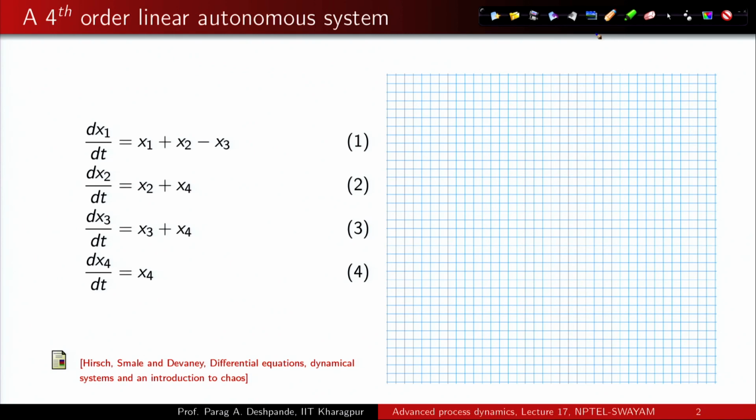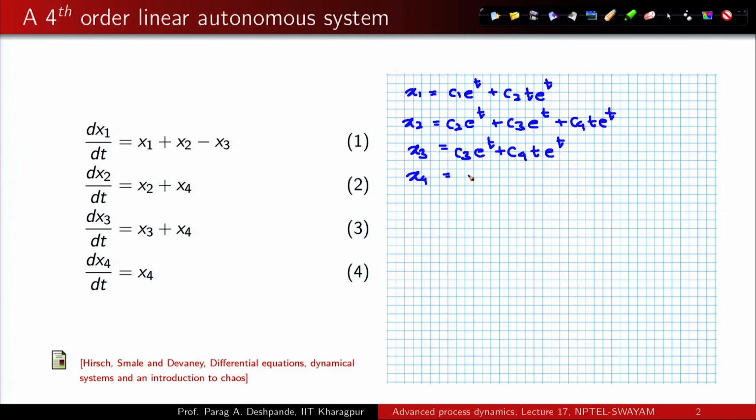Please do this simplification and see if you get the same answer. x1 should be equal to C1 e to the power t plus C2 t e to the power t, x2 is C2 e to the power t plus C3 e to the power t plus C4 t e to the power t, x3 is equal to C3 e to the power t plus C4 t e to the power t, and finally, x4 is equal to C4 e to the power t.